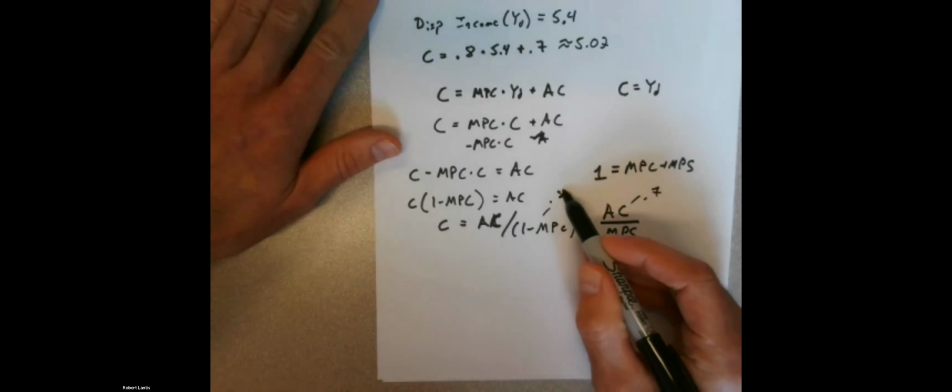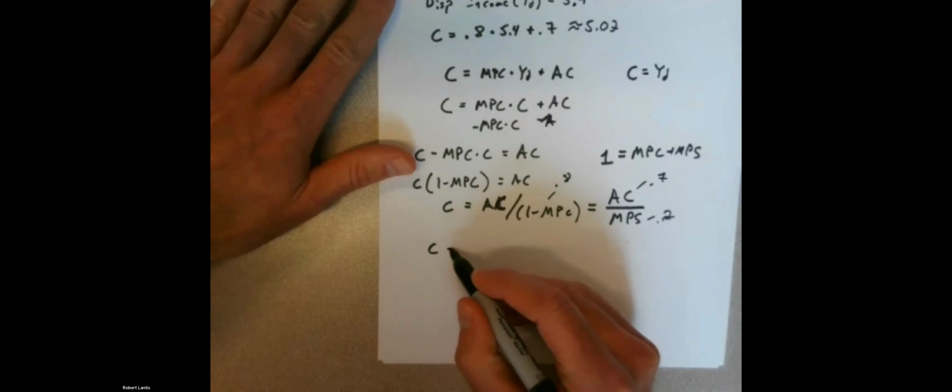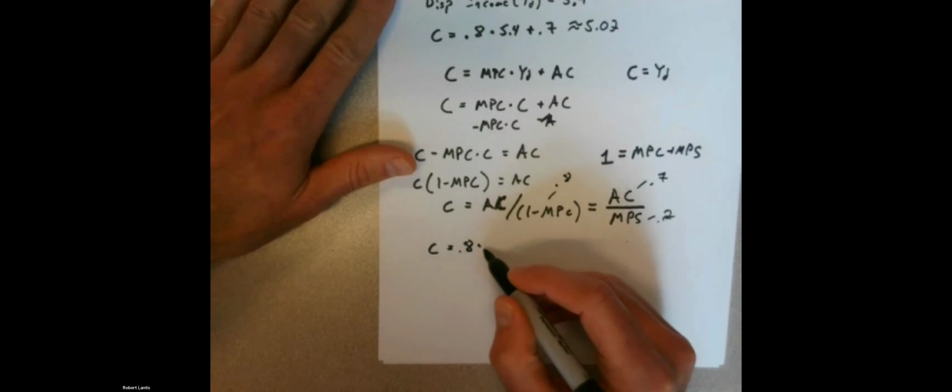At this point, I've got the general form. I could just plug my values in: 0.7 over 0.2, since the MPC is 0.8. If I didn't have the general form, at the break-even point these two are exactly the same.